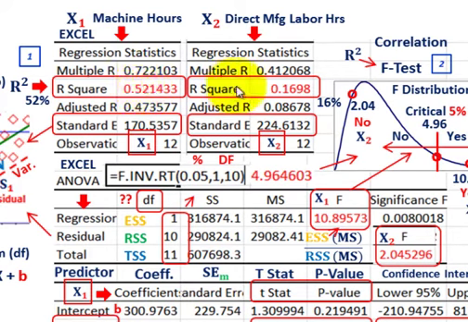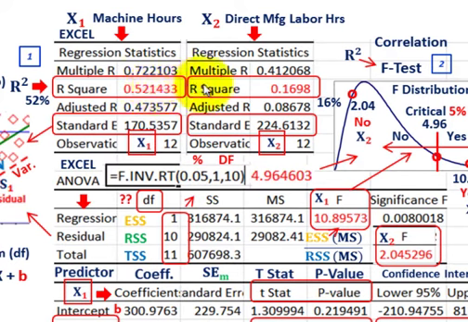Generally, when you're looking at R squared, they look at 30% and above to be a predictor. With x2, we only have 16%, so it's already failed, whereas with x1 we're sitting at 52%. So really we have a moderate correlation between our x's and our y's.